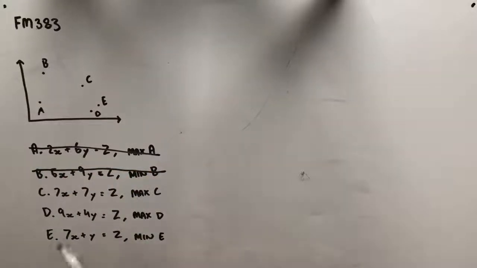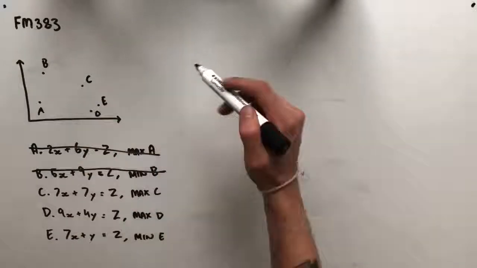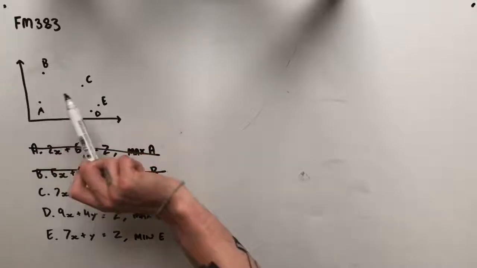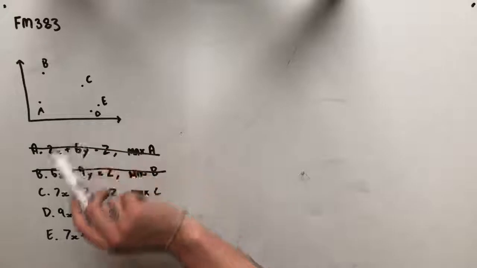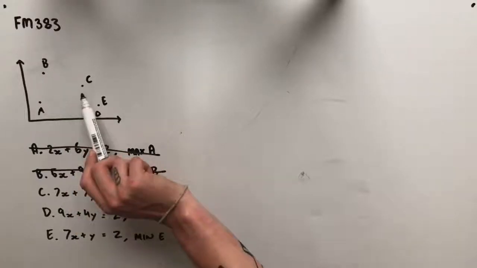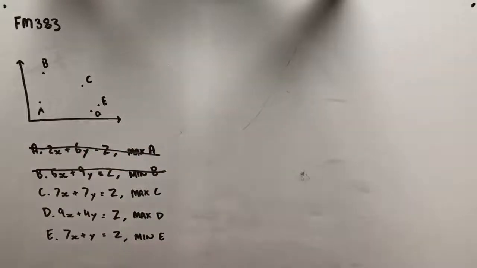Option C here says we're going to have the maximum occur at C according to 7x plus 7y. Now this is a fun one because, since we're looking for a maximum, C could be a maximum, B could also be a maximum because it has less of an x value, but it has a greater y value.